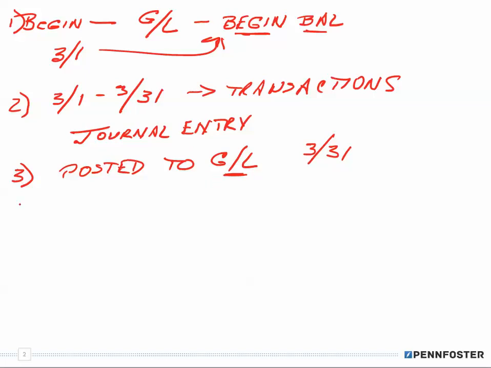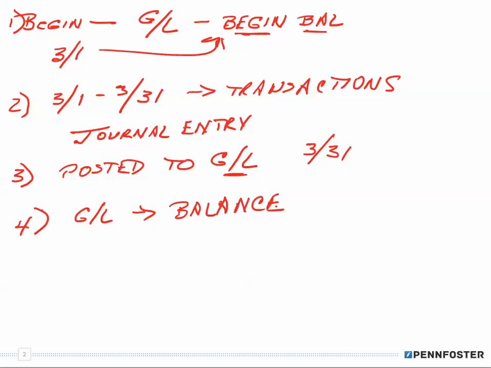Okay. Now, once they're posted into the general ledger accounts, what will happen is in that general ledger, you will calculate the balance in each and every general ledger account. Now, if you're doing this by hand, if you're doing your books by hand, you're going to end up doing the math.